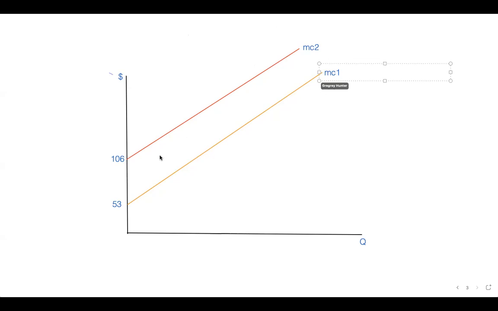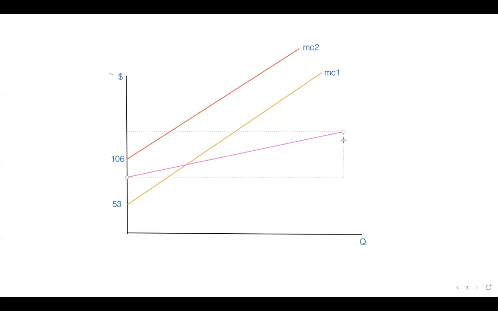But it won't be optimal, meaning it won't be cost effective for them to produce in all circumstances. So that's what we have to be careful about. So it's going to look like this.